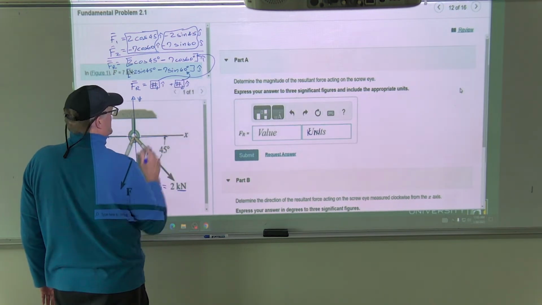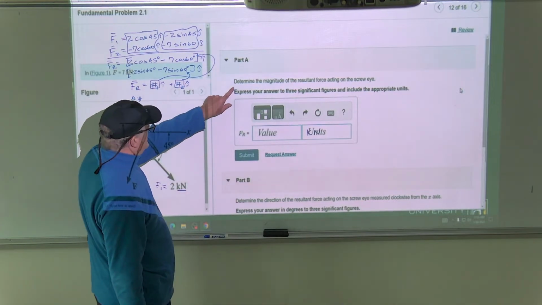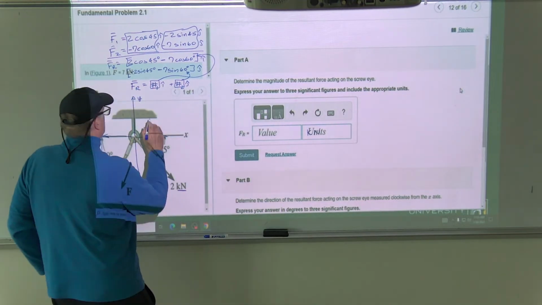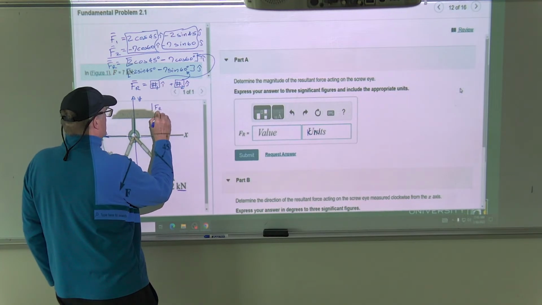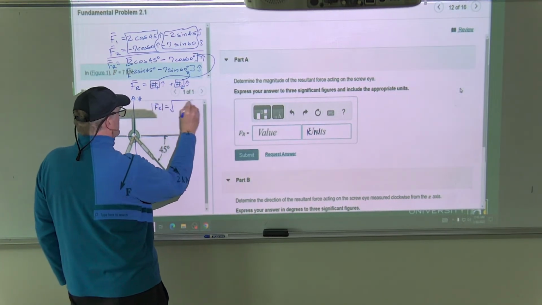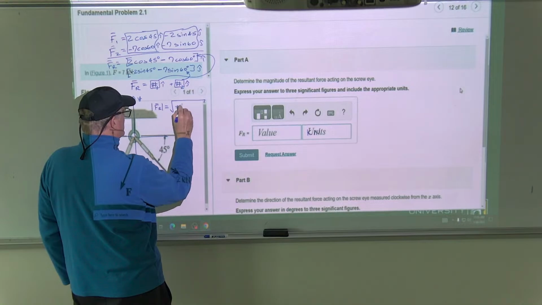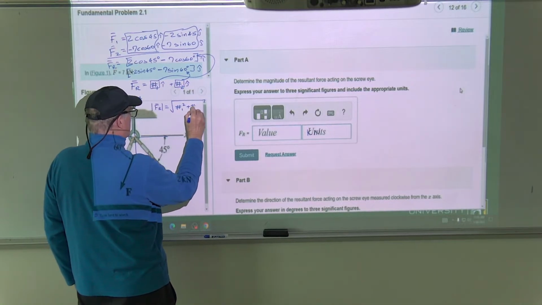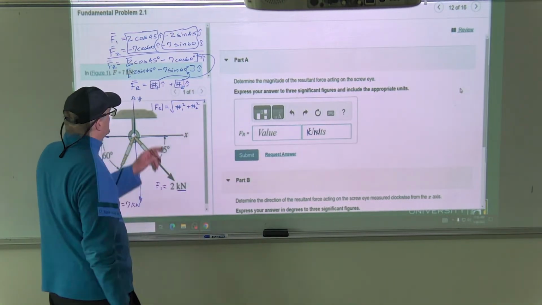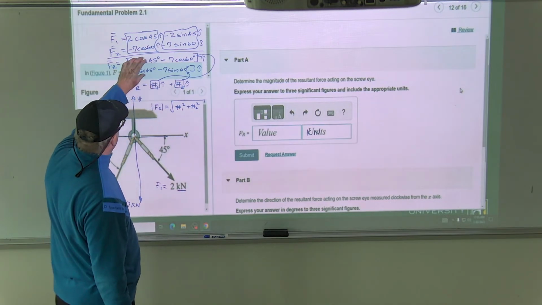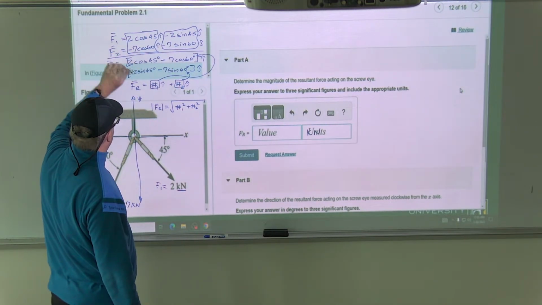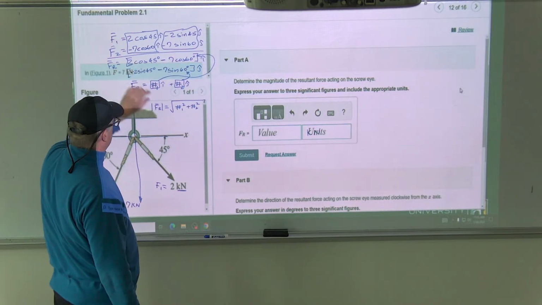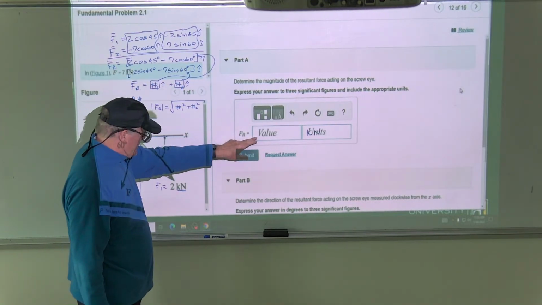This will come out of here. So he wants to know the magnitude of that force. If you want to know the magnitude, all you do is the square root of whatever number that was squared plus whatever number that other one was squared. So this came from the x component, this came from the y component. You just square it, and that's your number that goes in.